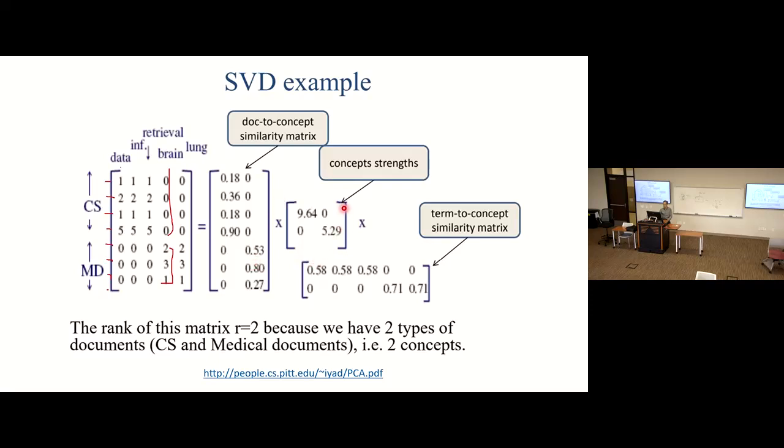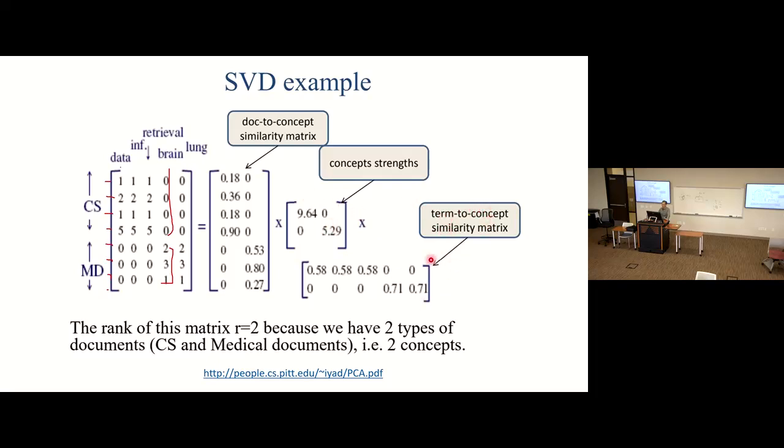And inside is the sigma matrix, which contains the strength of each concept. So this concept is what we talk about. We have 2 concepts or components, depending on the application situation.